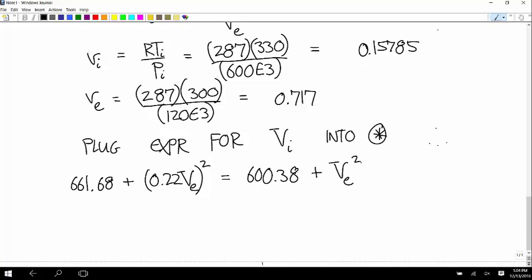What's 0.22 squared? 0.0484. So what's 1 minus 0.0484? 0.9516 V exit squared is equal to 61.30, right?